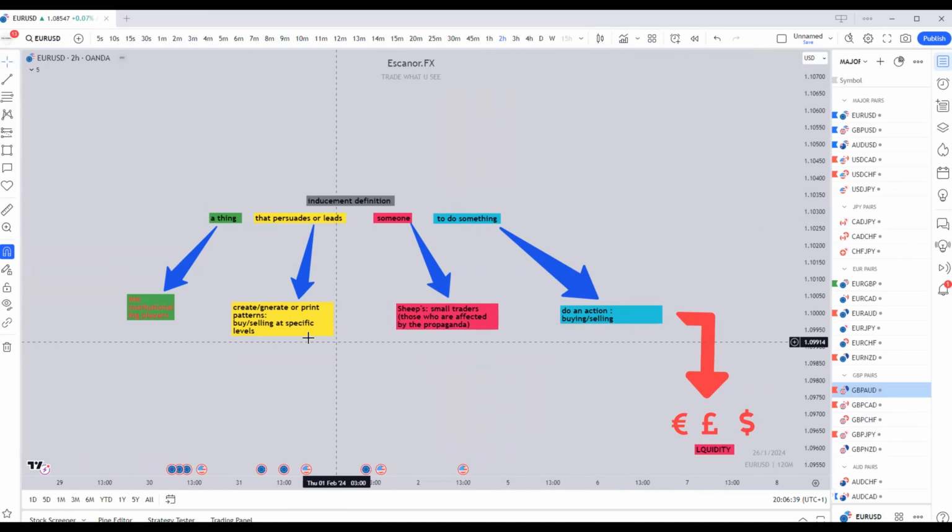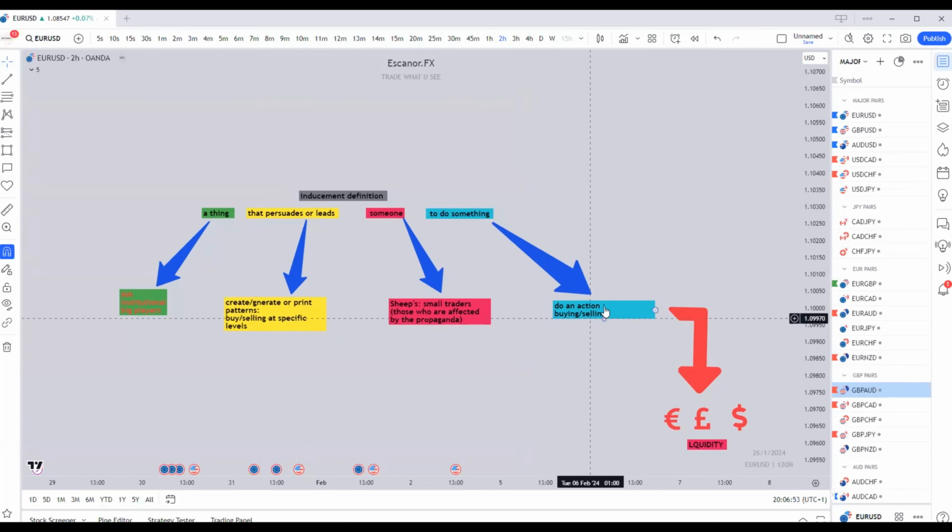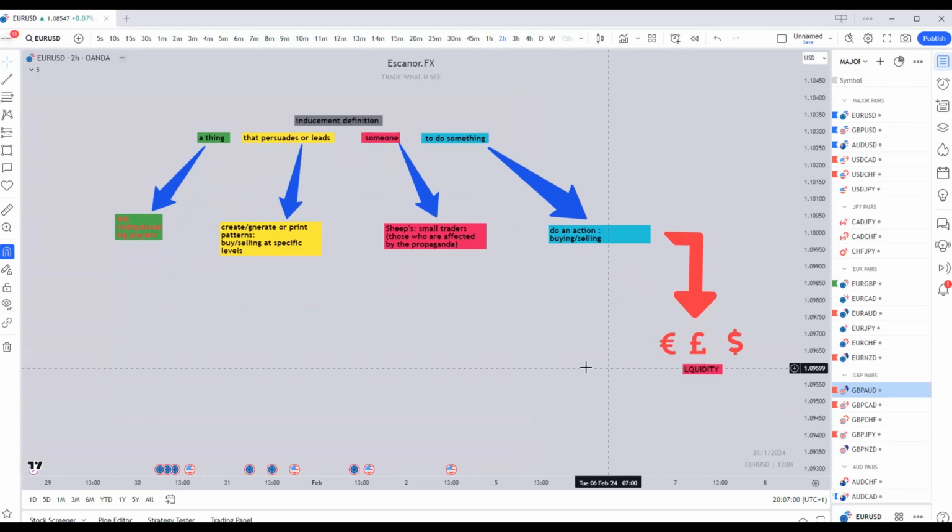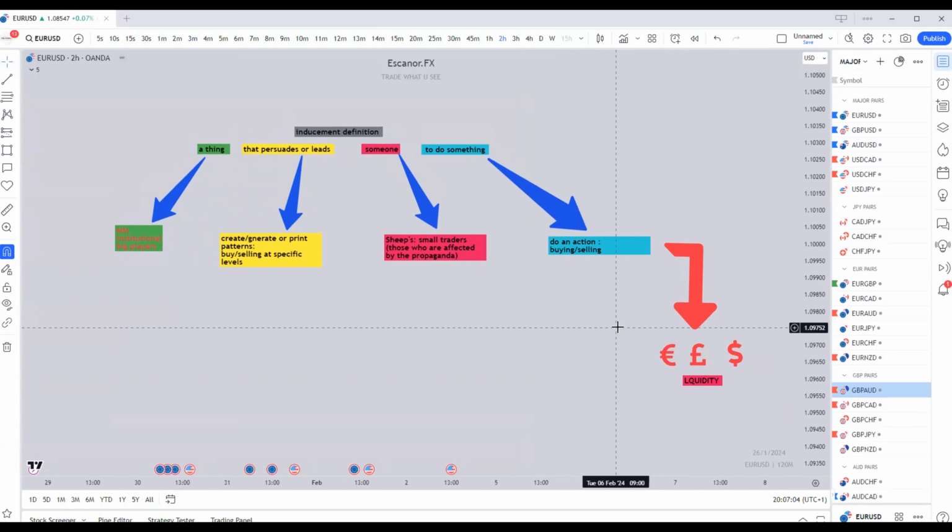When we see those patterns that they generated or printed in the chart, we take an action, buying or selling at specific levels they already know about, and that is what creates liquidity. So this is the simplified definition of inducement.